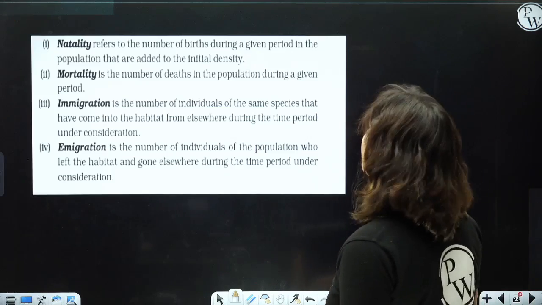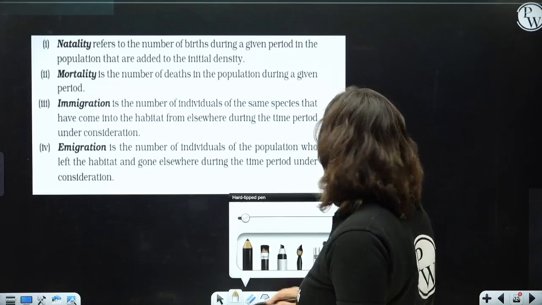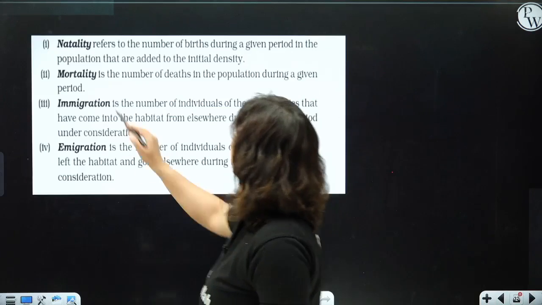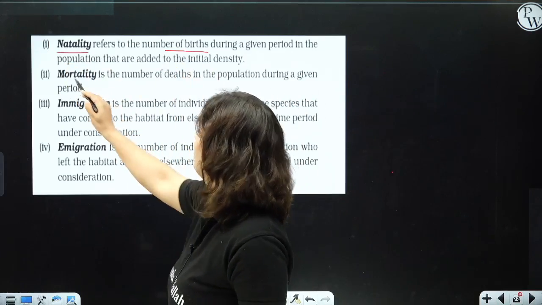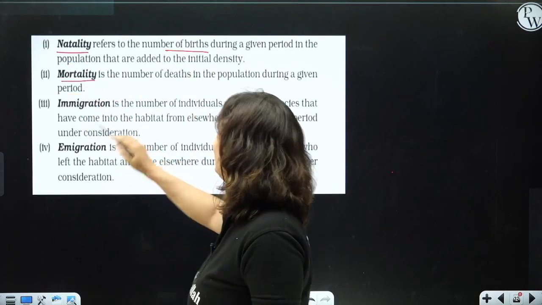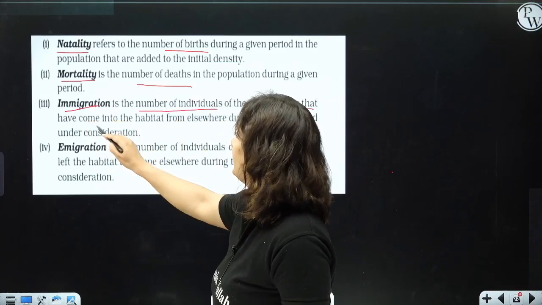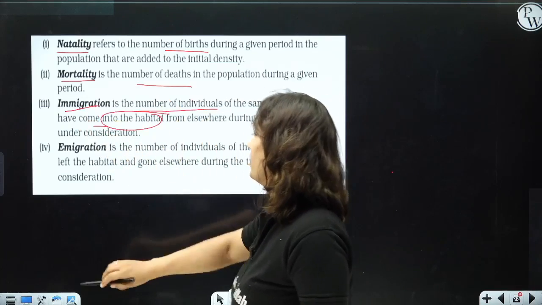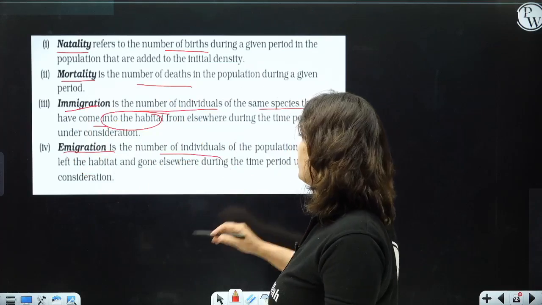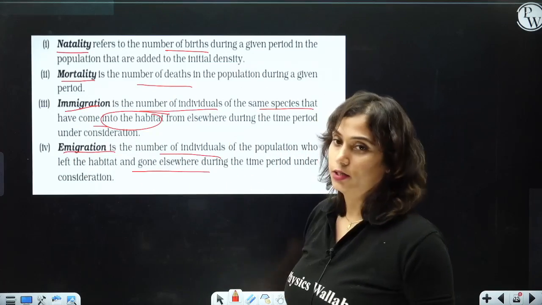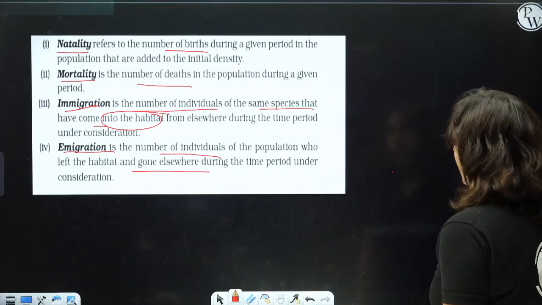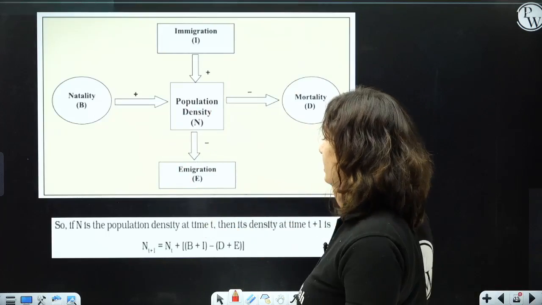So this is the definition given by NCERT: natality refers to the number of births, mortality, number of deaths; immigration, number of individuals of the same species that have come into the habitat; and emigration is the number of individuals that have gone from the habitat. Now this is the diagram given in NCERT.